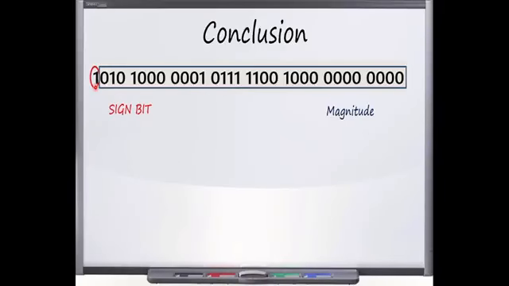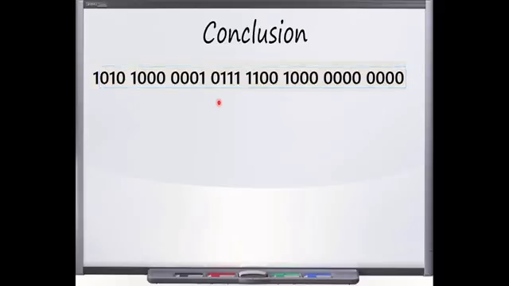This bit, we already know, is a sign bit, because it's a 1, that means it's negative, and the remaining 31 bits are the magnitude. Now as we have the magnitude here, we also have to convert this magnitude into its proper form, that means we're using 2's complement.